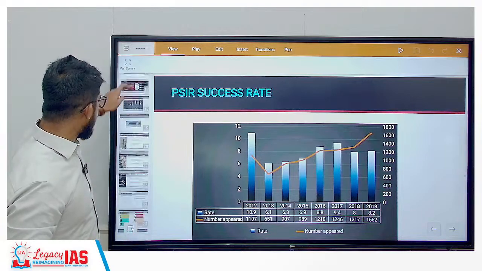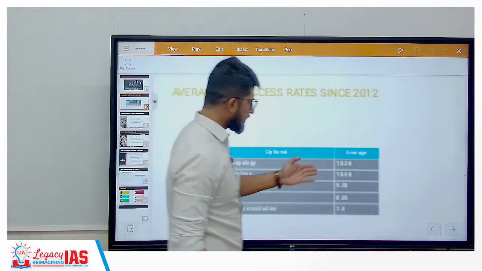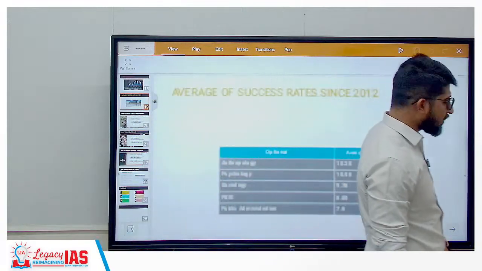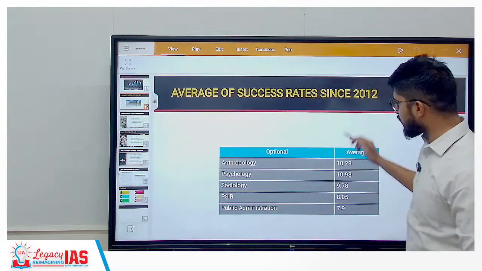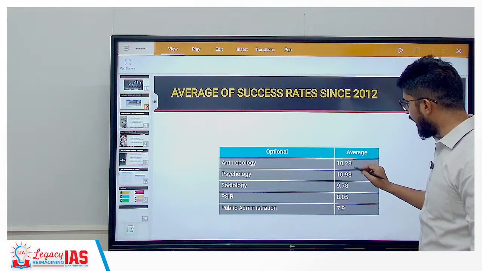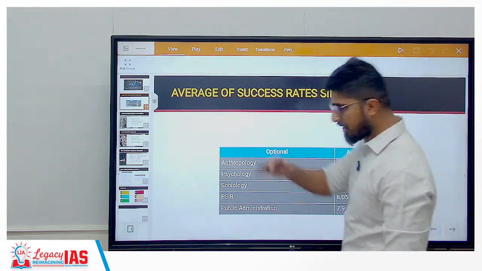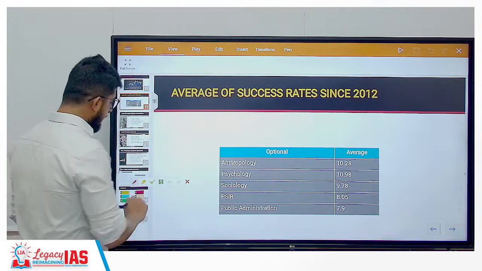Now the next one. When we look at the average success rate of these optionals since 2012, anthropology's average success rate is 10.28 over all the years starting from 2012.